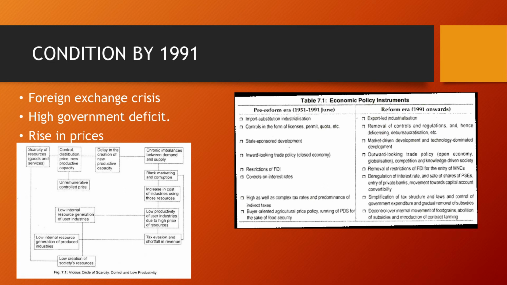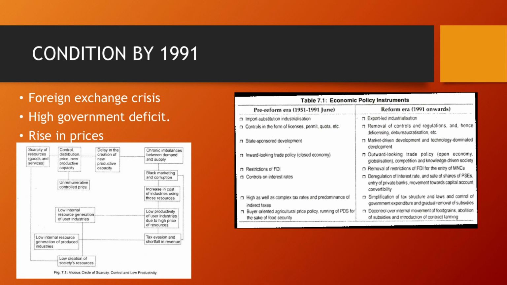If you closely look at the picture, you can see the vicious circle of scarcity, control, and low productivity. Just look how scarcity of resources would lead to over control, distribution price, new productive capacity. This further led to delay in the creation of new productive capacity, or it was an unremunerative controlled price.